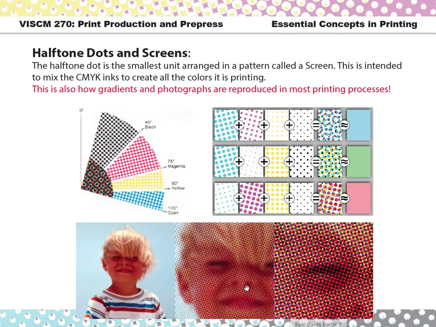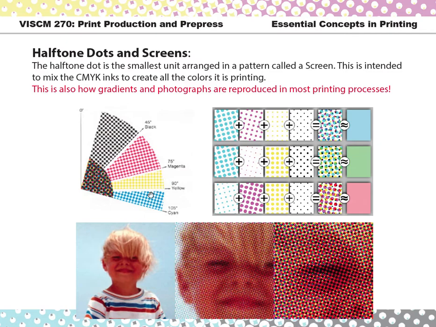So here you can see that we have black at a 45-degree angle, magenta at 75, yellow at a 90-degree angle, cyan at 105. There's variations on this. Another one is where yellow is at 0 and magenta is at 15 and cyan is at 45 and black is at 90 or something.